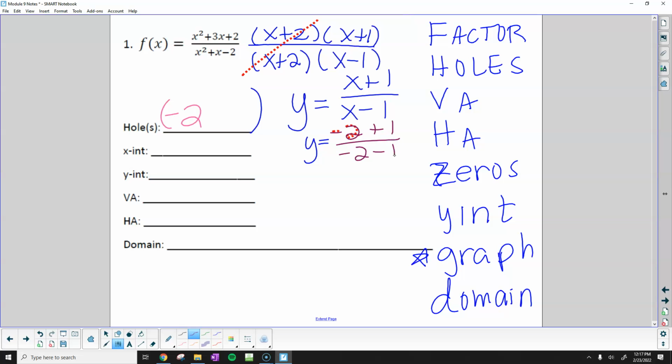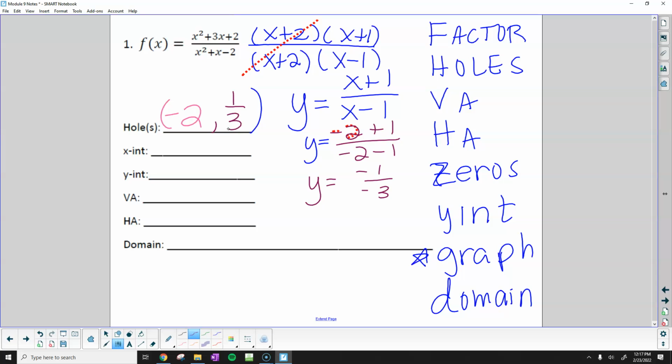So do your order of ops. Negative 2 plus 1, the top is going to turn into a negative 1. Your bottom is going to turn into a negative 3. So that negative 1 over negative 3 is going to be a positive fraction. So write positive 1/3 right there.